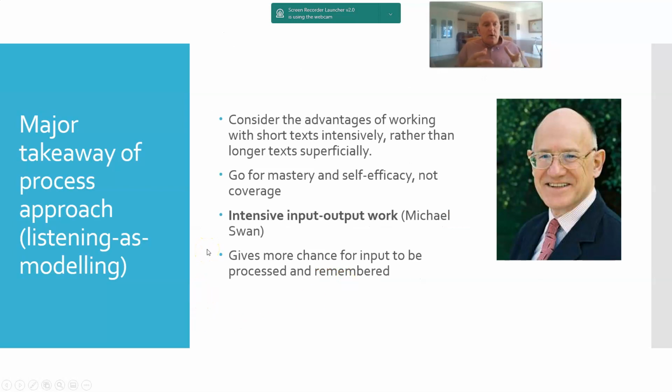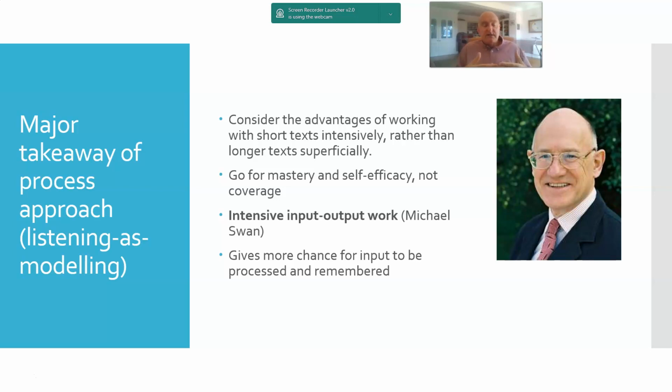So, if you like, one of the major takeaways of this is, if you think of question and answer and that sort of interaction, I'd think of the advantages of working with short texts very intensively and repetitively rather than with longer texts superficially. And the variety you bring into your lesson is going to come not so much from the text itself, but from the range of activities.